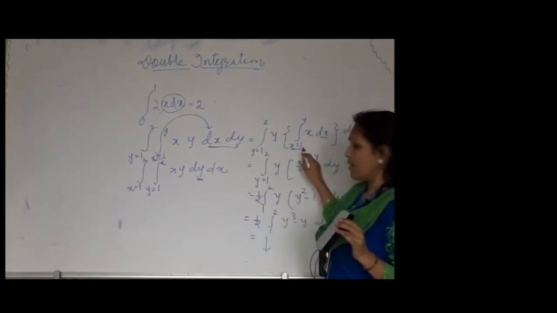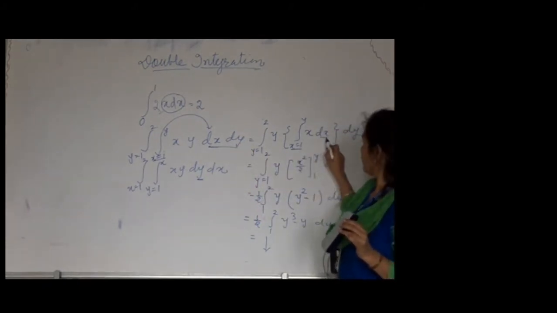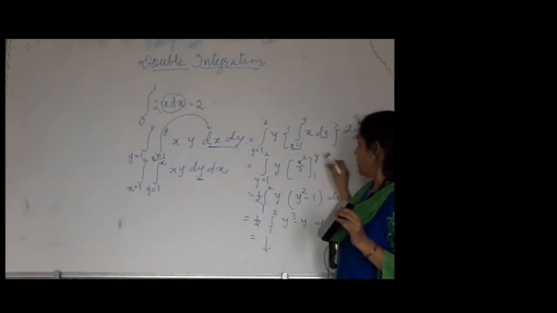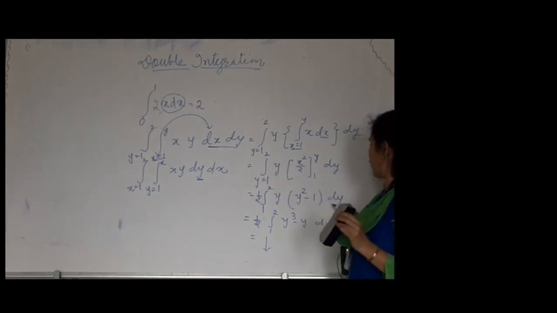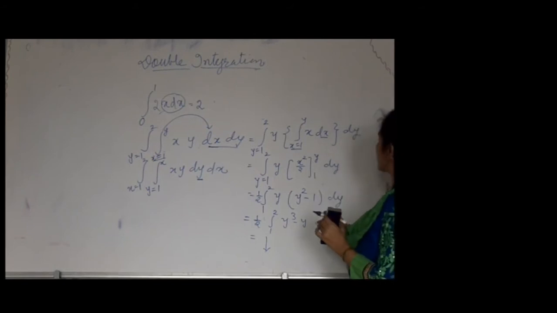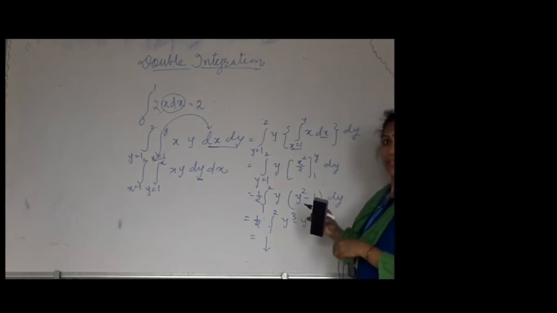Hence, first we solve the integration with respect to x, putting in the limits, and then we solve it for y. After solving one integral, it is converted into a single integration.